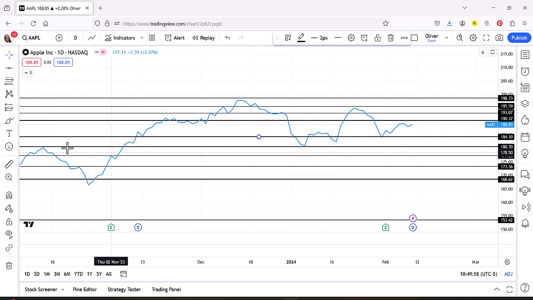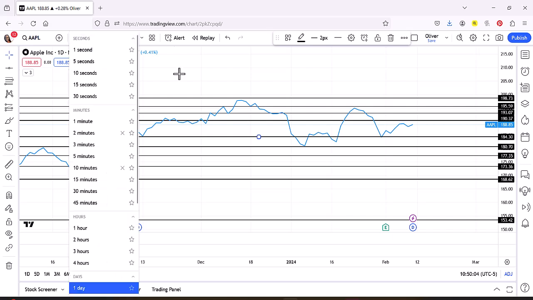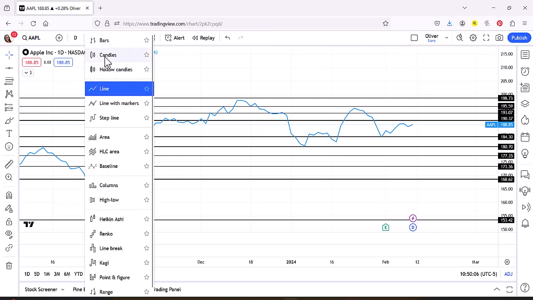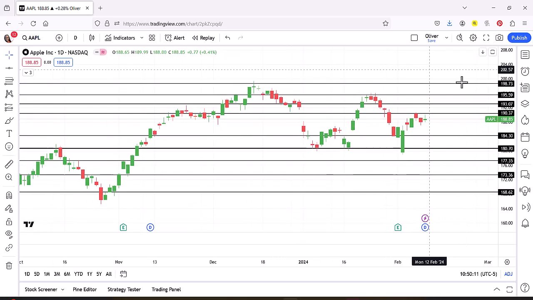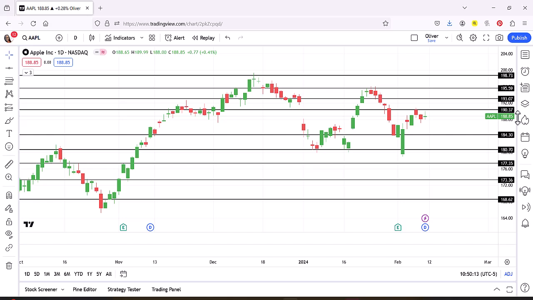I think I've covered the other ones. I'm going to change it back to candles. These are the support and resistance levels, starting with the monthly, the weekly, and then the daily chart.